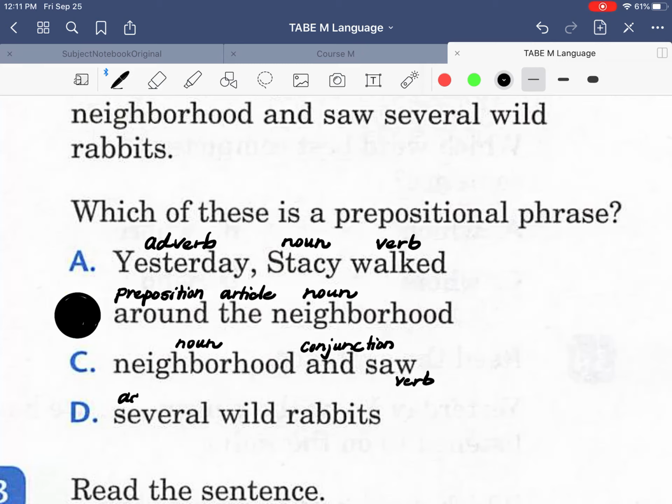Several is an adjective, tells how many. Wild is also an adjective. Rabbits is a noun. And just to tie this back to a lesson that we've already looked at, but this is a good chance to review, several is a number.